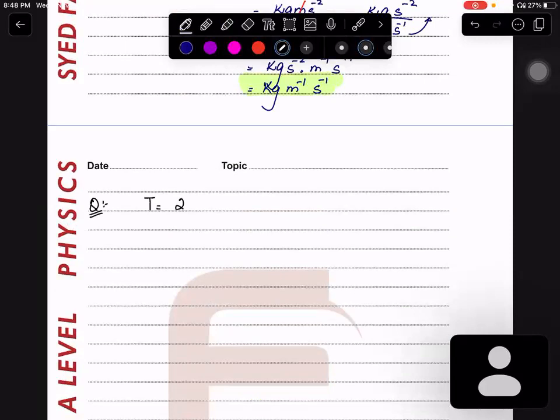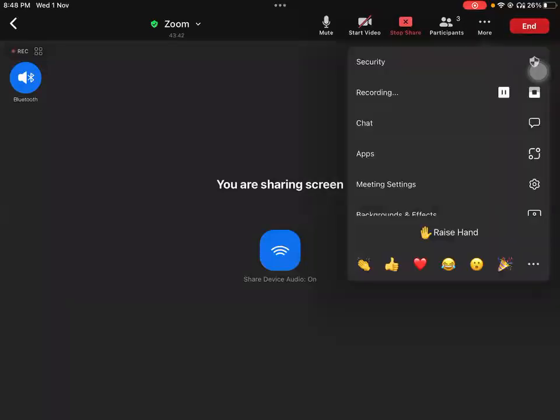T is equal to 2 pi under root m upon k, and I want to find out the unit of k. T is time period. M is the mass. We need to find the unit of k. Can you people work it out yourselves? Yes sir. Aiza, what answer are you getting, beta?